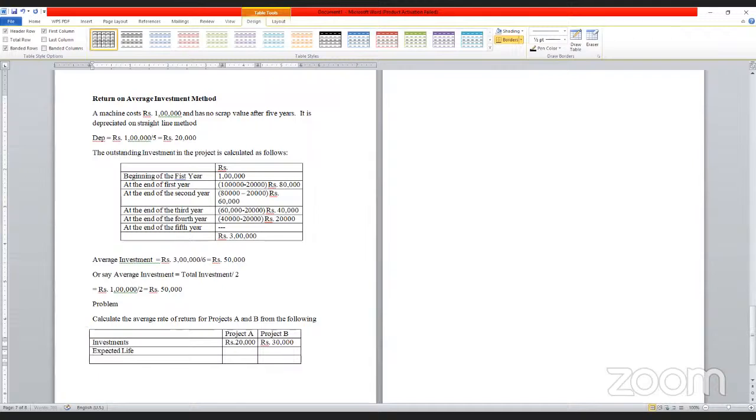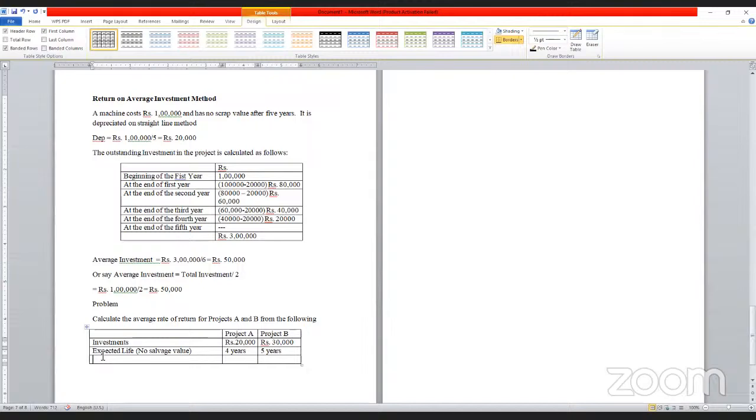Expected life: no salvage value. 4 years, then 5 years.